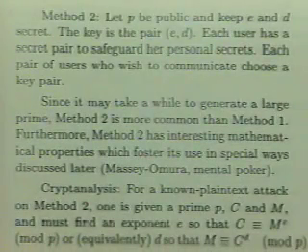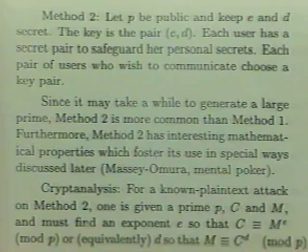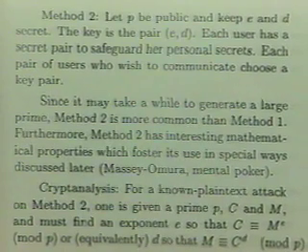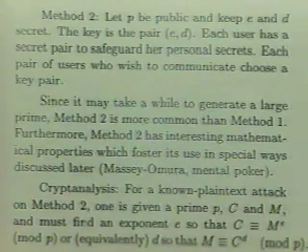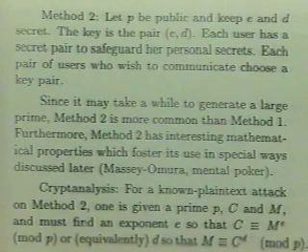Method 2 is actually more popular than method 1 because it often takes a fairly long time to find a good large prime. You want to have a large prime number, say 200 decimal digits or so, and it may take you a few minutes to generate one. So you just find one on a public website, and then you choose your own secret e, and you calculate d from it.